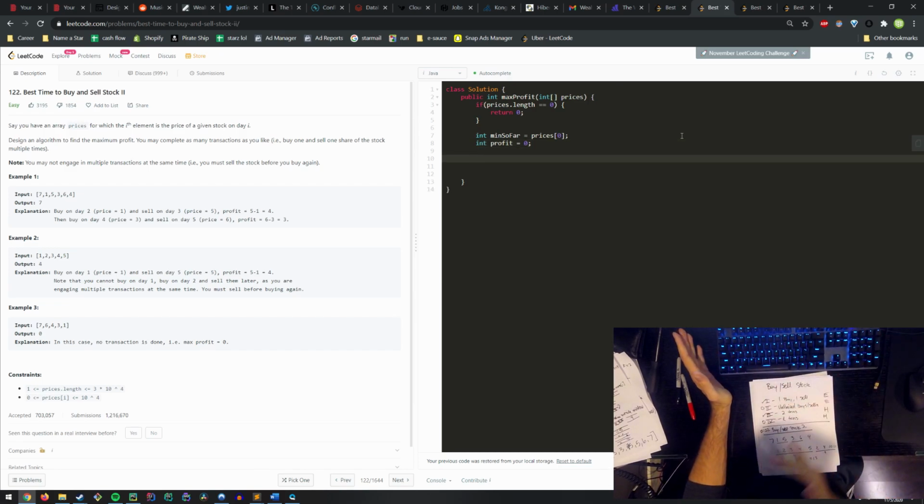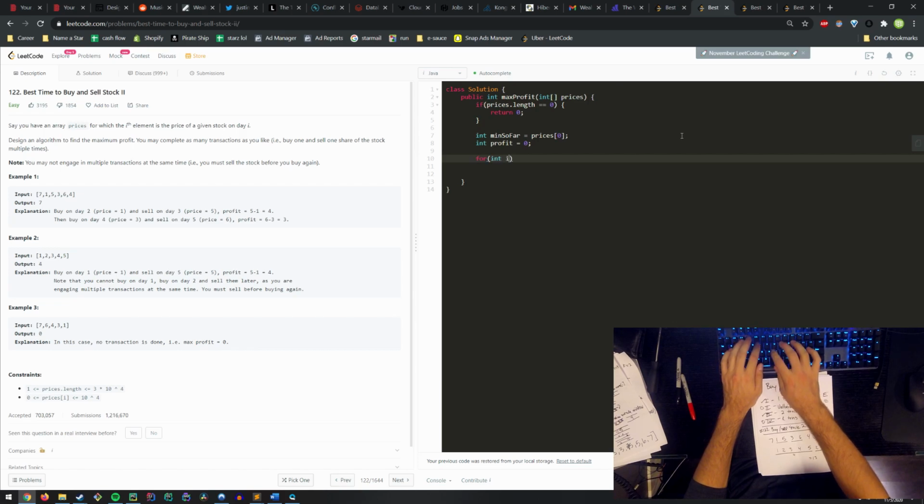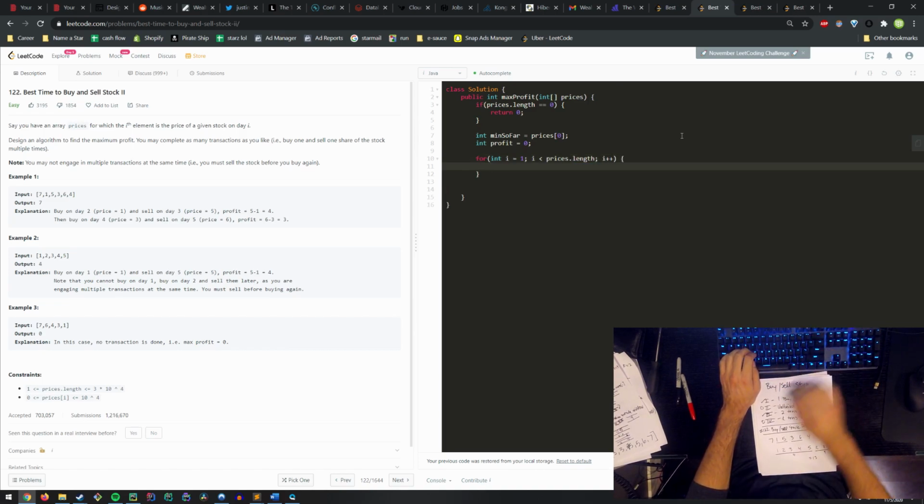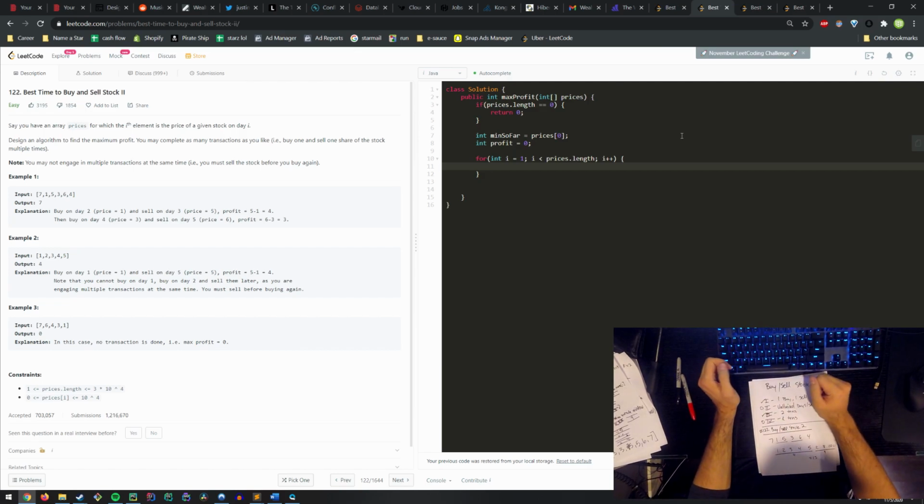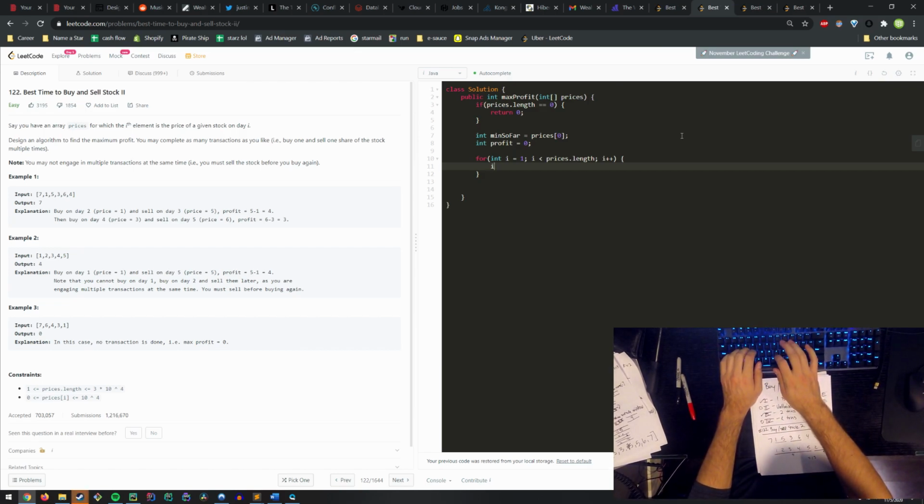And then we just have to go through the rest of the array like we said and determine if we should have made a buy and sell. So I through the end of it. So what is our potential profit or loss?